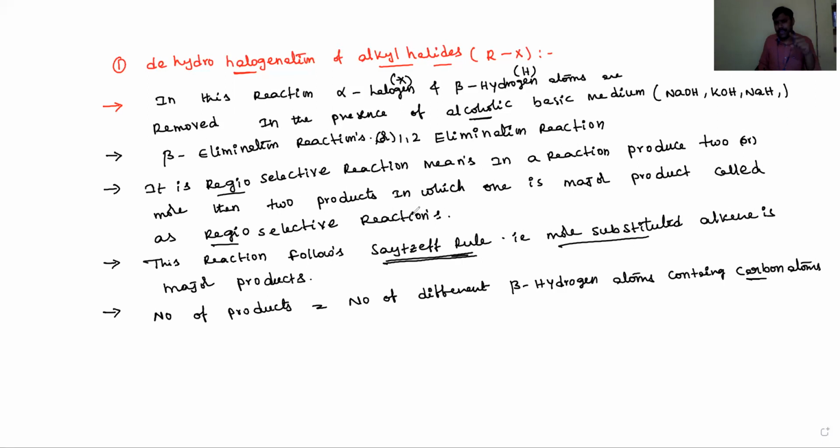Okay, and this dehydrohalogenation reaction is an elimination reaction. It also belongs to beta elimination reactions or 1,2 elimination reactions. These beta elimination or 1,2 elimination reactions are of two types. Okay, dear students, let's see this. Beta elimination or 1,2 elimination reactions are two types.